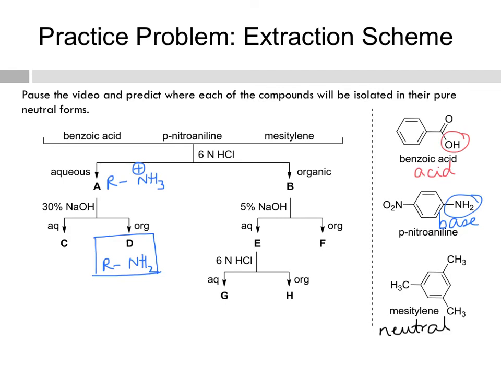Now this means that if we go back to our original separation, we treated with acid, the base reacted and was removed. In the organic layer, we had the benzoic acid still present. So we had benzoic acid, it was still present in its neutral form, and we had mesitylene.